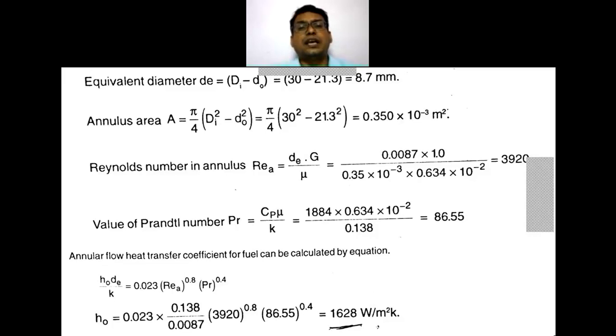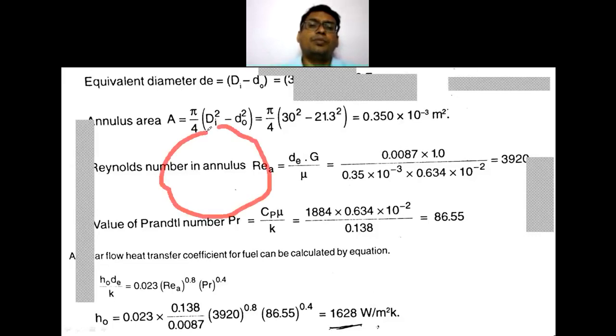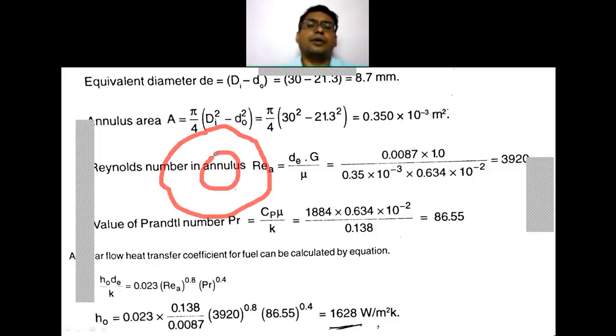Then the annulus area is pi by 4 into Di square minus Do square, that is the inside diameter of the outside tube and the outside diameter of the inside tube. There are two tubes, one is the outer tube, its inner diameter, and the second is the inner tube, its outer diameter.